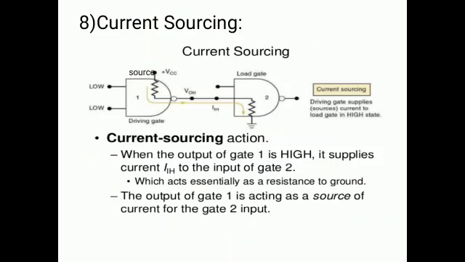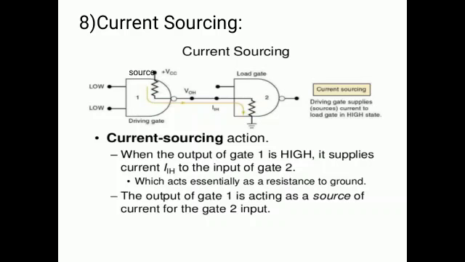Then we'll see current sourcing. So see here, the figure is shown. There are two NAND gates. The first NAND gate is used as a source, or it is called as driving gate. The second gate is used as a load. The input to the first gate is low.